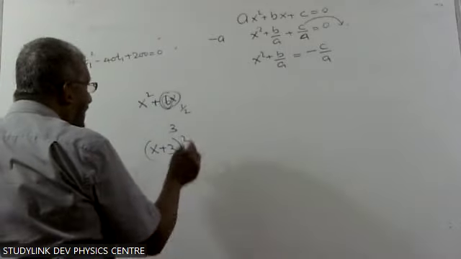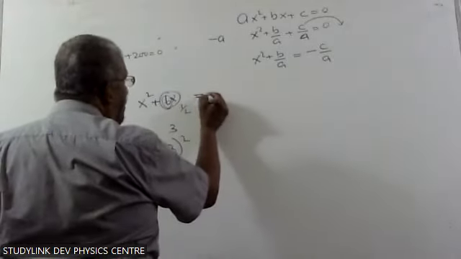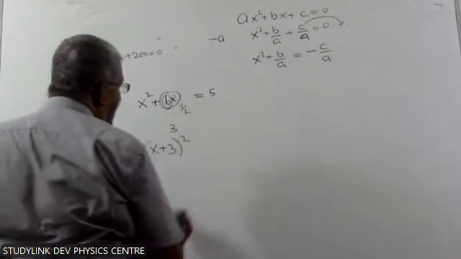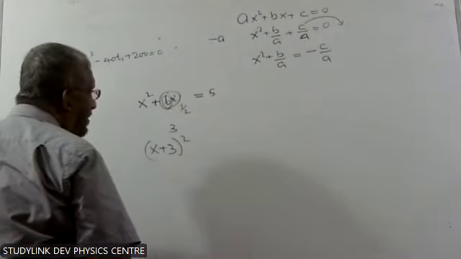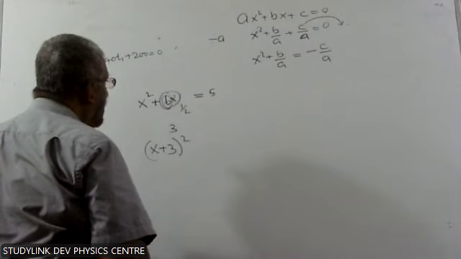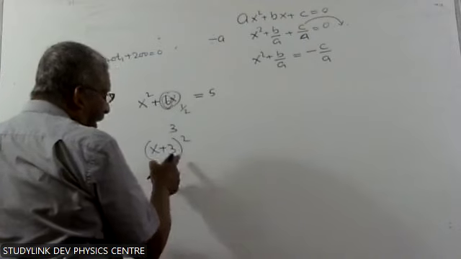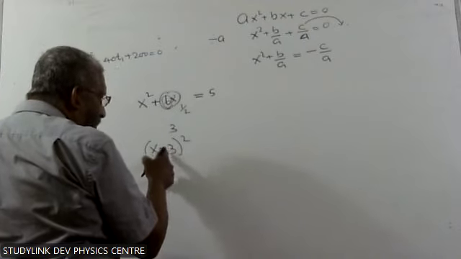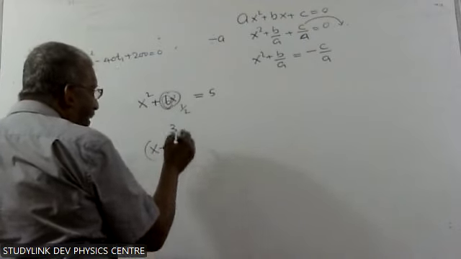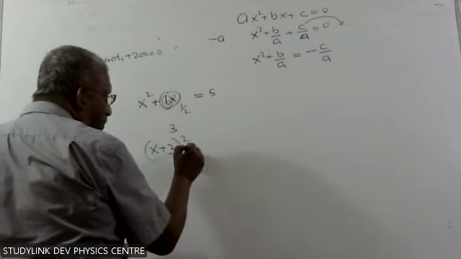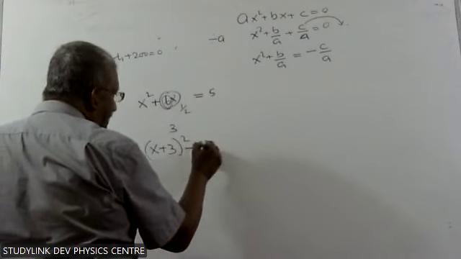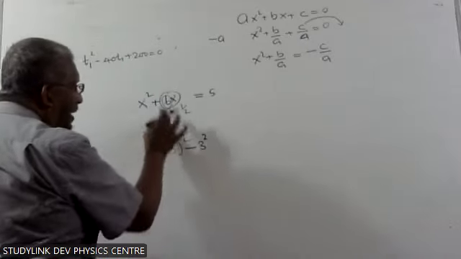If you write like that, it is not there. We'll say this is equal to 5. Here we get additionally 3 squared. That should be deducted, because it's not there here.